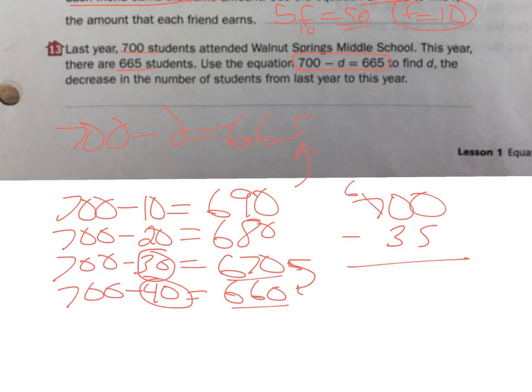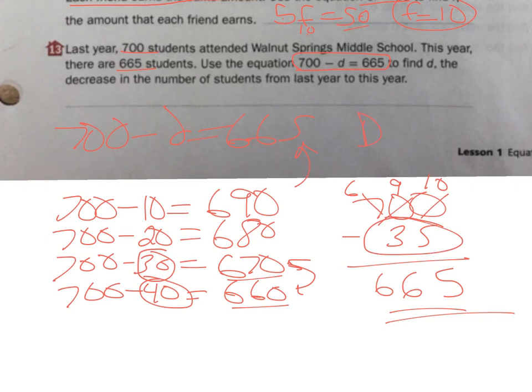So 7 becomes a 6, that becomes a 9, and that's a 10. Okay, so 10 minus 5 is 5. 9 minus 3 is 6, and I bring my 6 down. 665, I actually hit it right on the nail on the first one. So D equals 35. 35 fewer students than the year before.